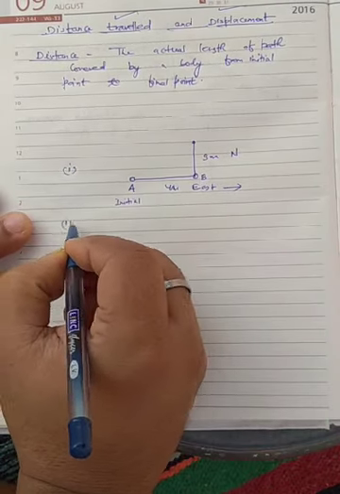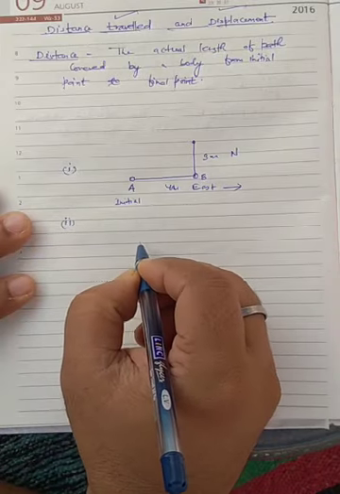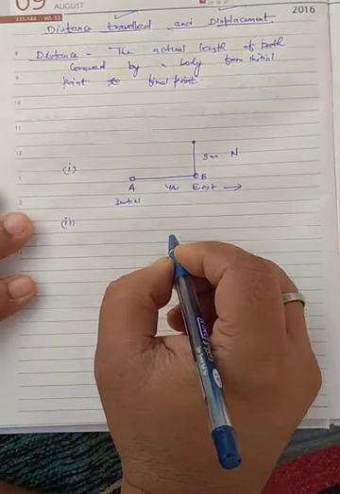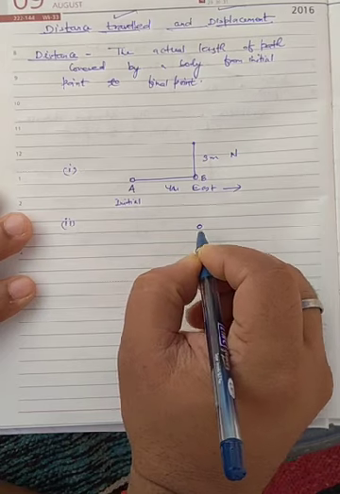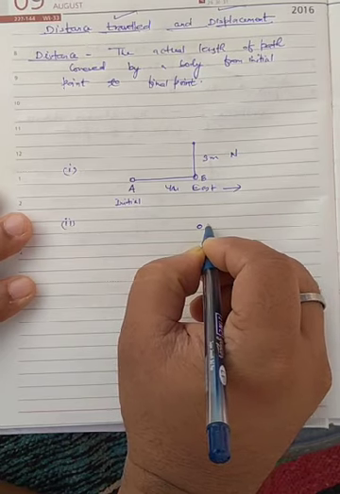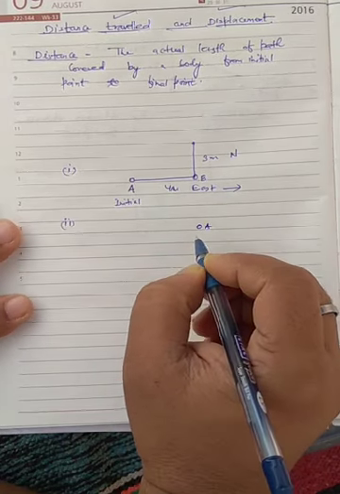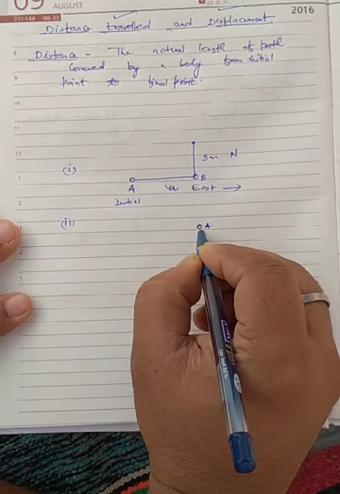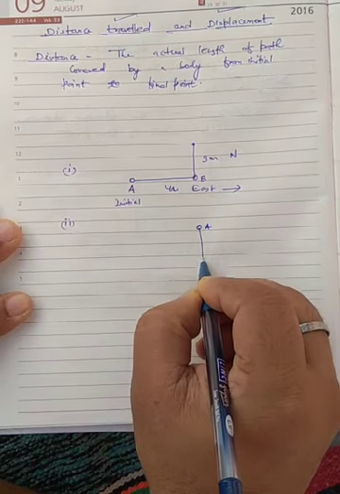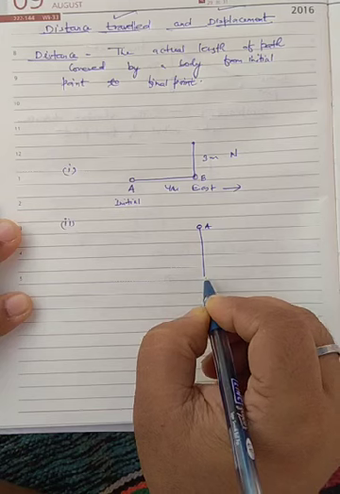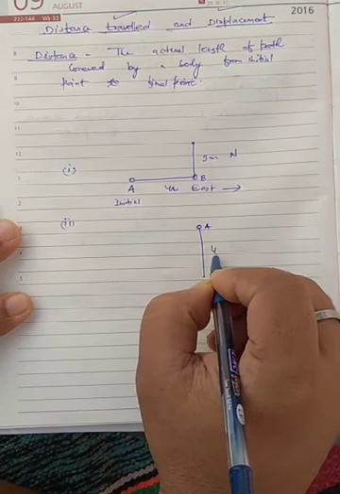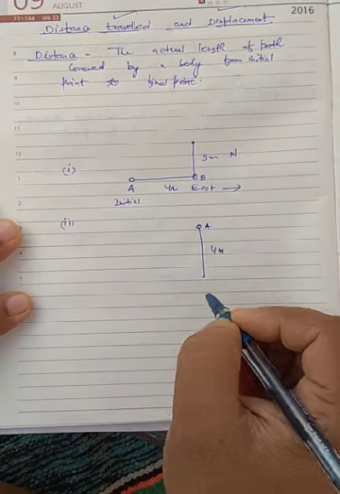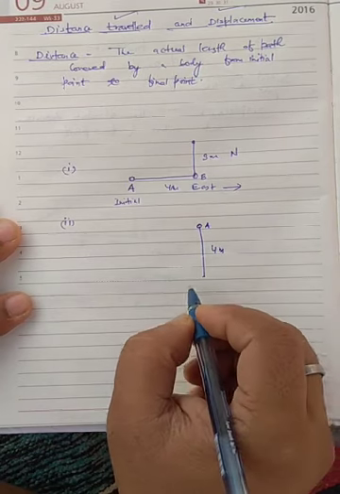In case number 2, suppose that a body is again at position A and this body is traveling down in the direction of south and the distance covered is 4 meter.